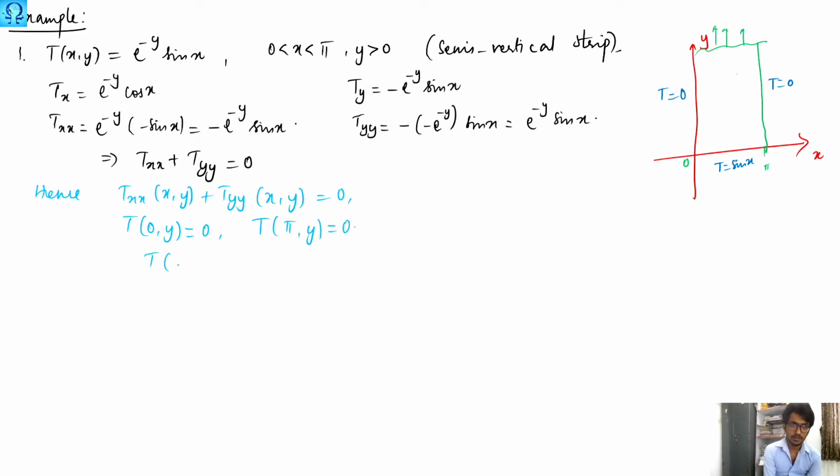In the place of x you may have anything, and when y is 0, this is sin x. And the limit as y approaches infinity of T of x, y is 0, which is evident from the T value and from the diagram.